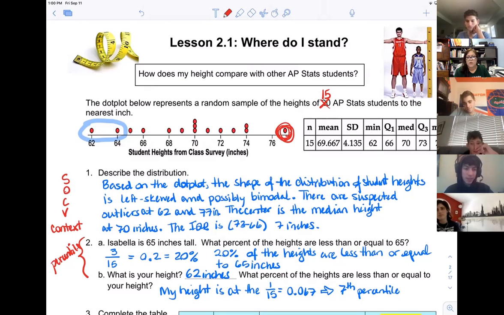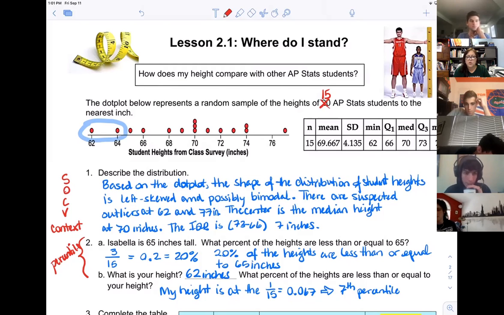Oh, 100th percentile. Exactly. So you would be at the 100th percentile. My bad. Okay. All right, Jacob, what was your percentile? I have to change it now because I did the same thing Josh did. Okay, got it. So if anybody else also didn't do it based on dividing by the total number of numbers, how many are at or below your value, then go ahead and fix it now if you need to.